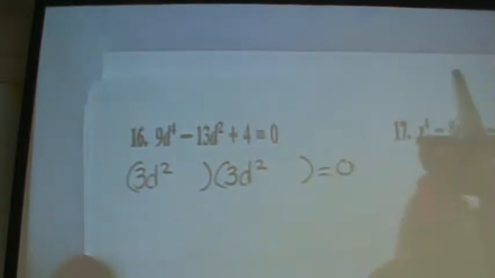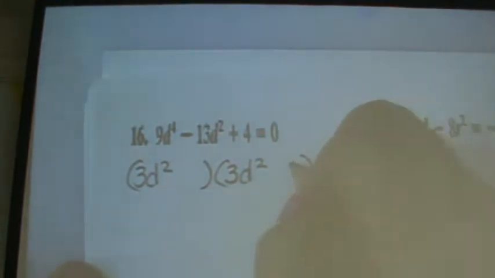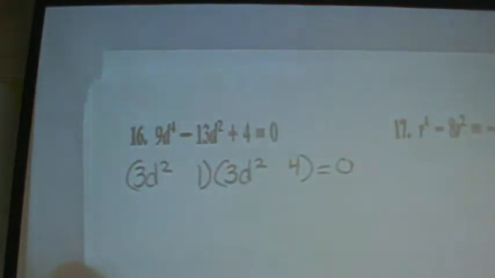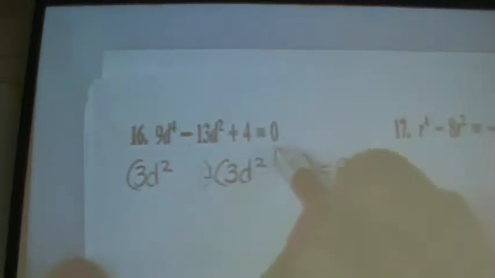So is it factorable by 3d squared and 4 and 1? I don't think that one works. How about negative 2? Nope. So this one you're going to have to do a little checking.